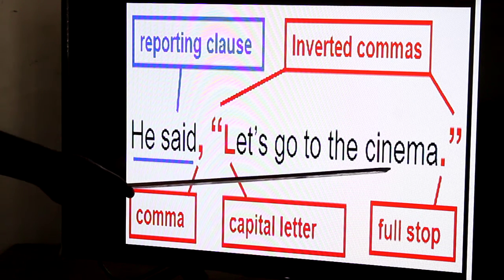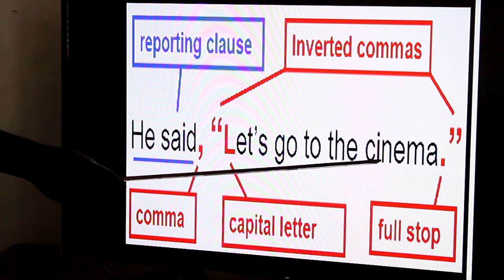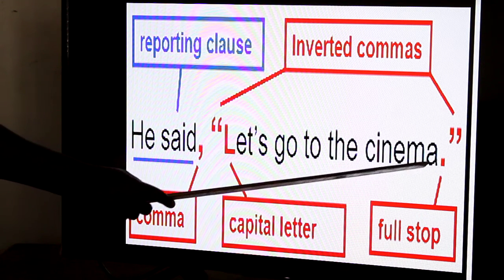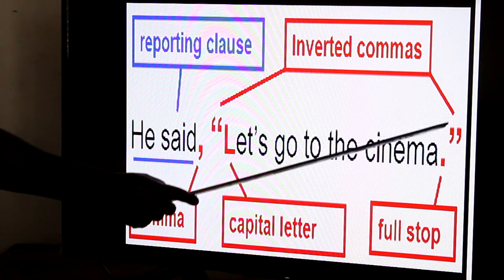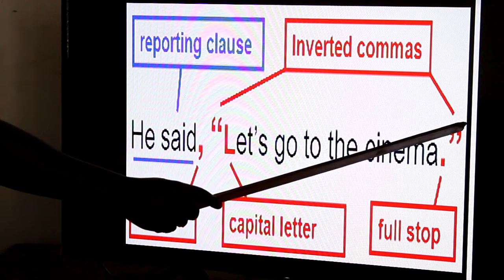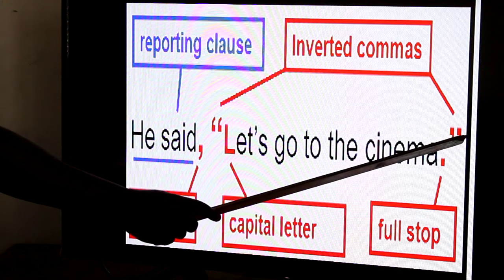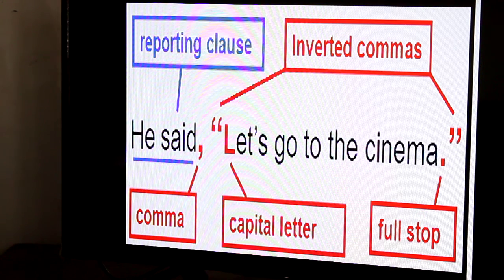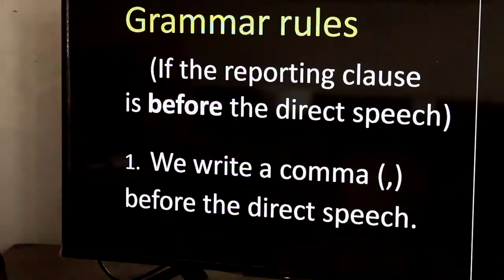Write the sentence. That is the direct speech. Place your full stop. After that, at a different perpendicular, place the closing inverted commas, and that is it. What is the grammar rule there?